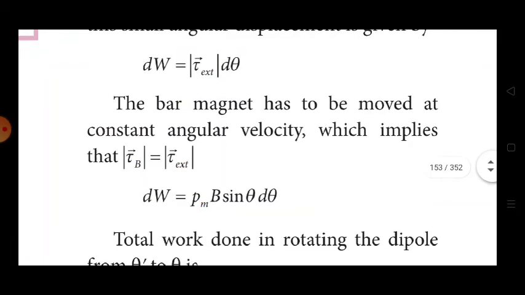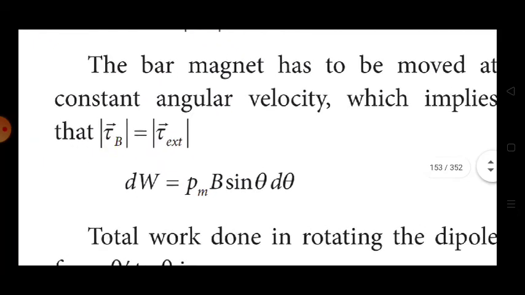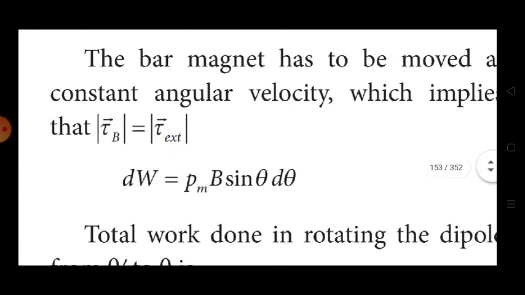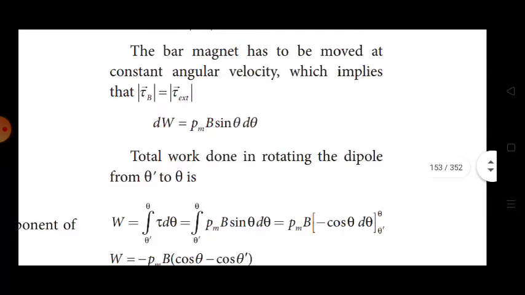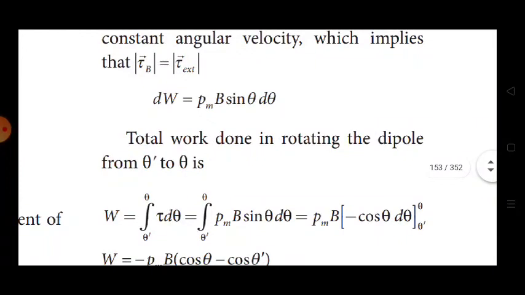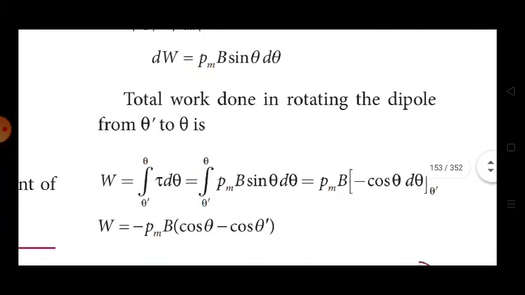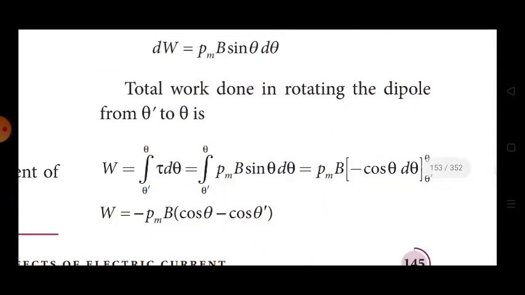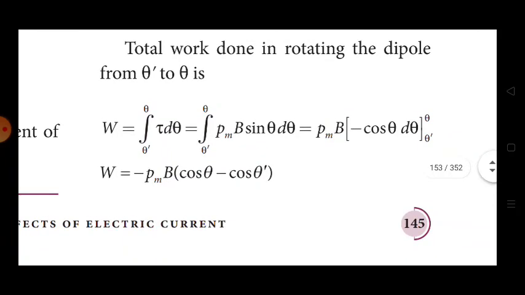Finally, we get the small amount of work done as pm B sin theta d theta. The total work done in rotating the dipole from theta dash to theta, finally we get W equal to minus pmB into cos theta minus cos theta dash.